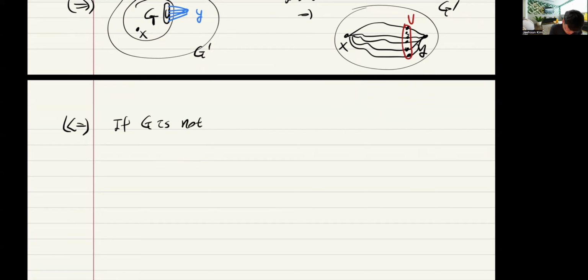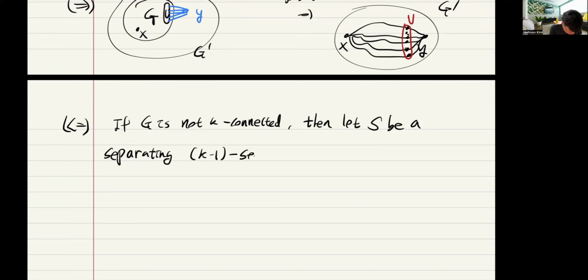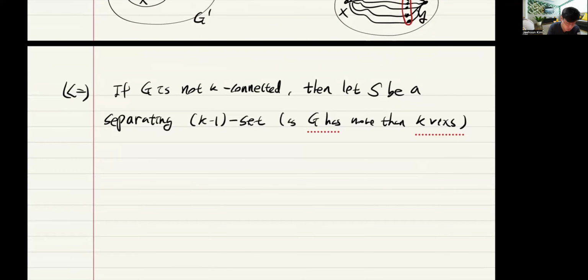If G is not k-connected, then we can take a separating set S of size k minus 1, since G has more than k vertices. If G had exactly k vertices, there would be no separating set of size k minus 1, but here we assume G has more than k vertices.